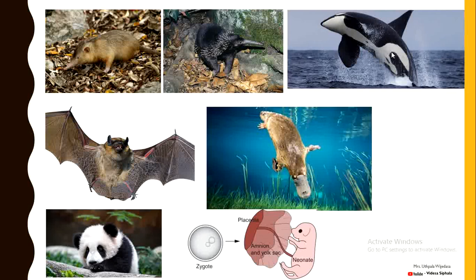And remember, these possess placenta and embryonic membranes. They show internal fertilization. So, this is the placenta by which the growing fetus or the embryo is connected to the mother's womb, and there are different embryonic membranes which you will learn in detail later.